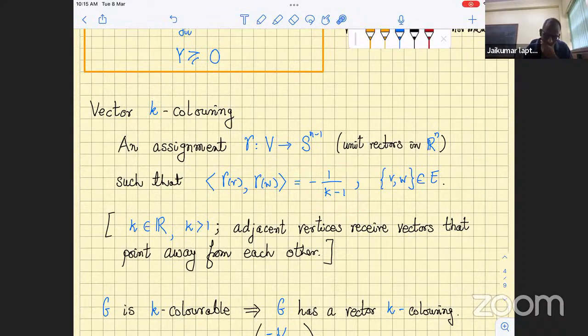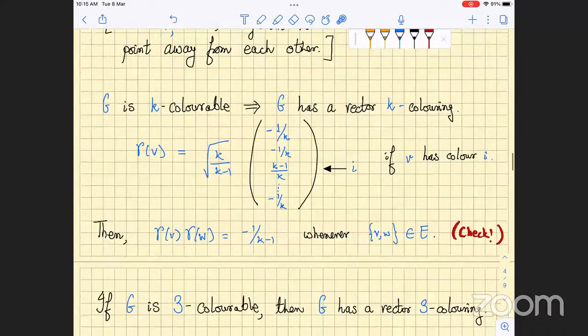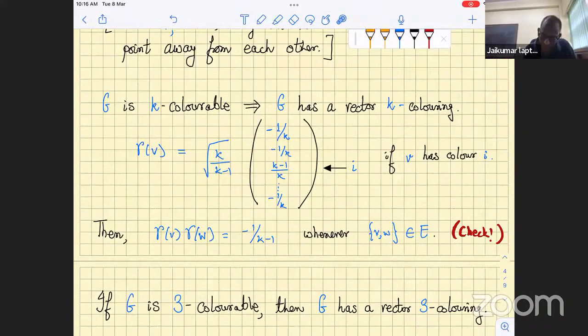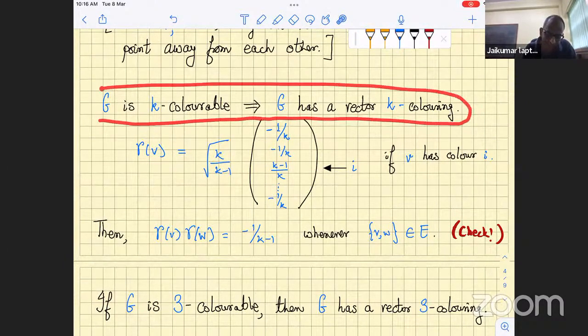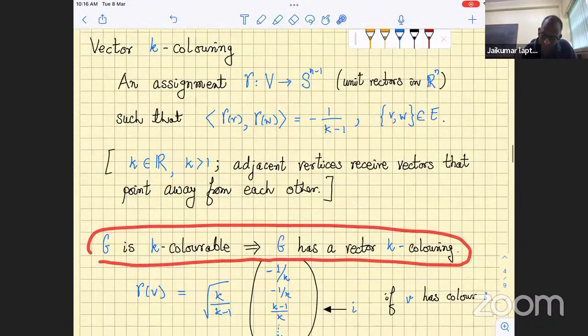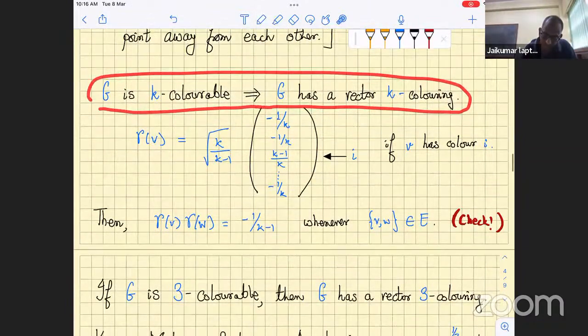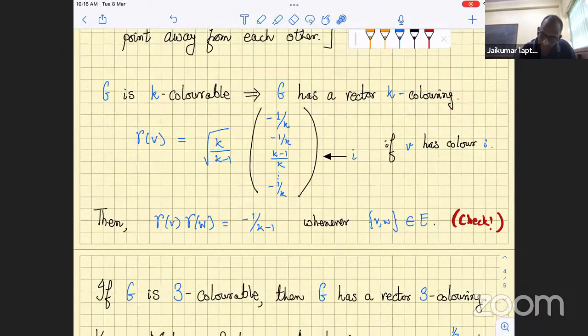So in general, this is a sort of construction we did before. If G is k colorable, then we can generalize this construction above. Let me draw something.